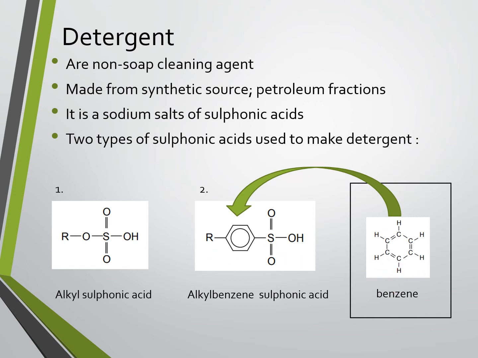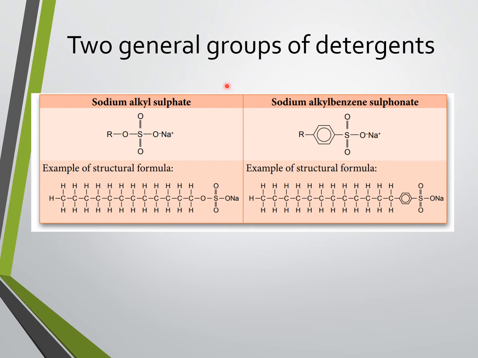There are two general groups of detergent. The first one is sodium alkyl sulfate, and the second one is sodium alkyl benzene sulfonate. Sulfate because it contains sulfur here, sulfonate, sulfur here. So for the example of structural formula, the R again is the long chain of carbon and hydrogen, and this is the functional group, the S surrounded by the oxygen and Na.